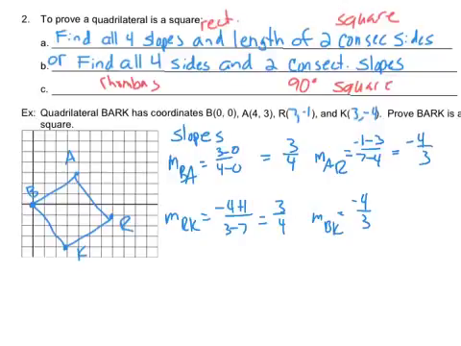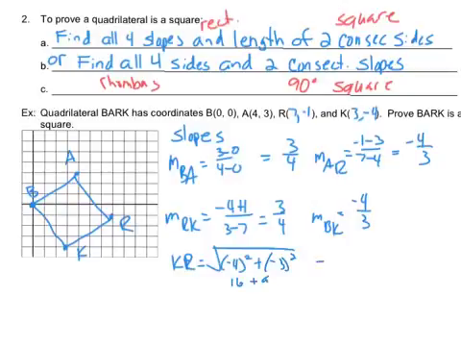So I have my 4 slopes, and then we're going to find 2 distances. Let's find KR. Doesn't matter which one as long as they are consecutive. KR is 3 minus 7, so that's negative 4. Negative 4 squared plus negative 4 minus a negative 1, so that's negative 3 squared. 16 plus 9 is going to be radical 25, which is 5.